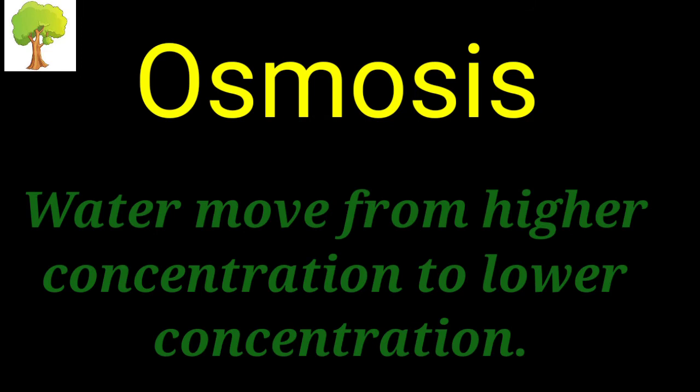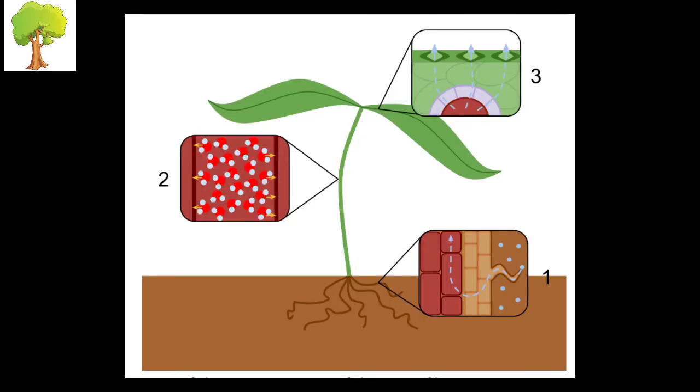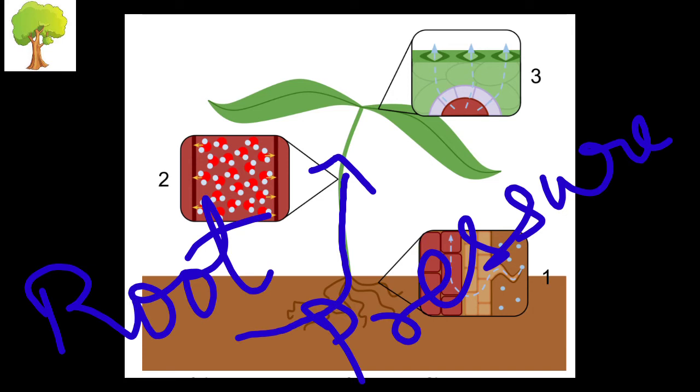Less ions, more water. Now water moves from higher concentration to lower concentration according to osmosis. So here soil has more water and root has less water. So water will move from higher concentration, that is from soil, to the lower concentration towards the roots. And like this water is transported.